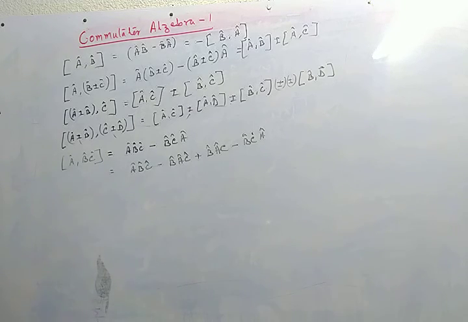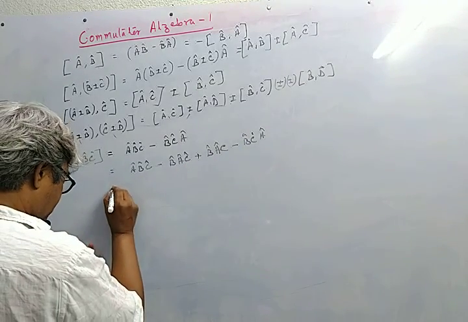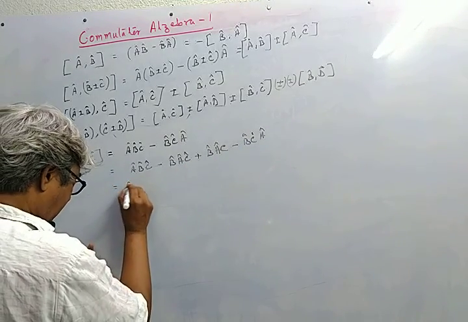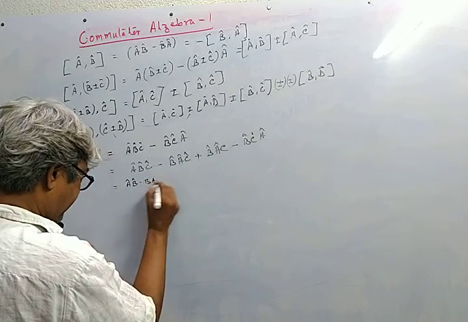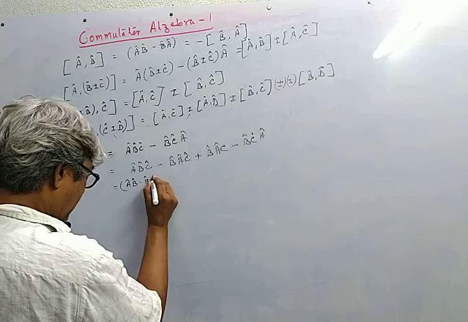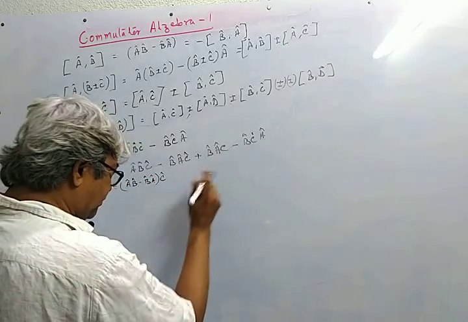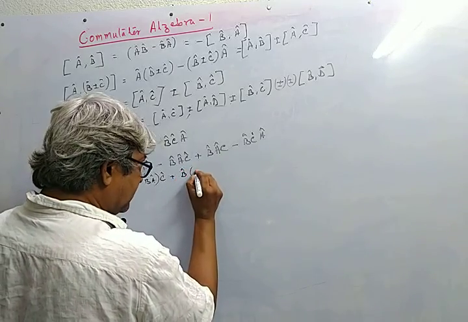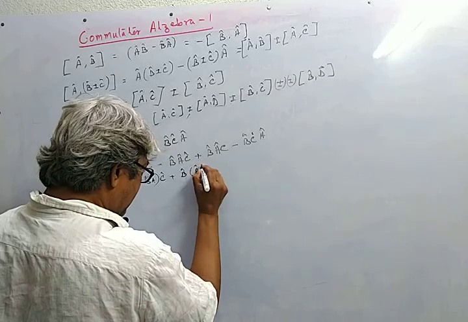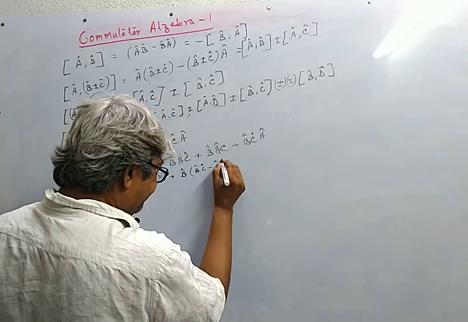Now from the first two terms we take C common from the right, so we have AB minus BA with C appearing from the right, and from the last two terms I take B common from the left, and the resulting quantity is AC minus CA.